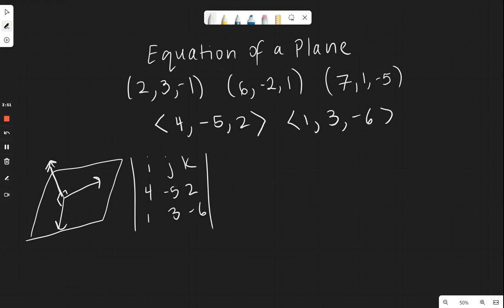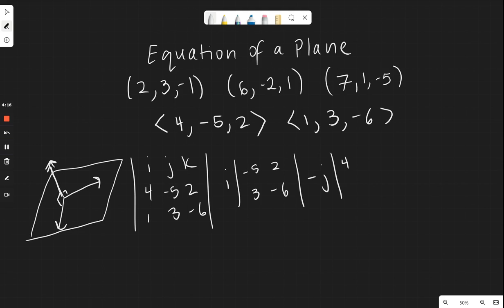So in this case, I'm going to cross out the first row and column first, and it's just I times the submatrix of I, which would be -5, 2, 3, -6, and then don't forget we alternate signs, so we subtract J, cross out that row and that column, and we're left with 4, -5, oops, sorry, nope.